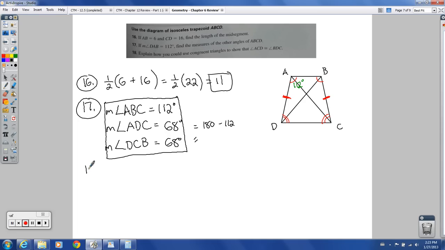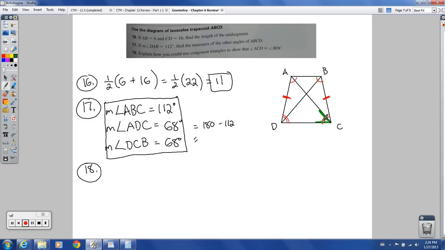And number 18, see what we have on this one. Get rid of that. There we go. And it says explain how you could use congruent triangles to show that ACD is congruent to BDC. So let me draw in green those angles. ACD would be this angle right here.